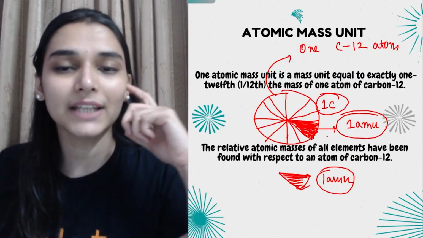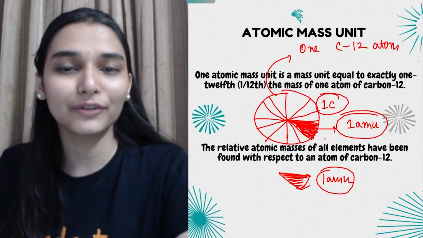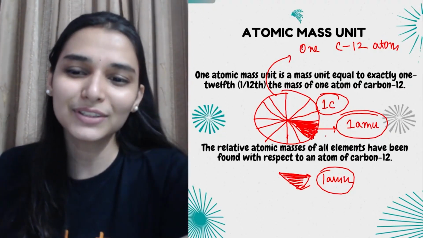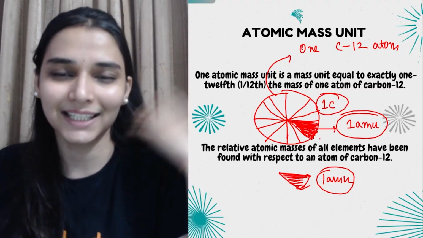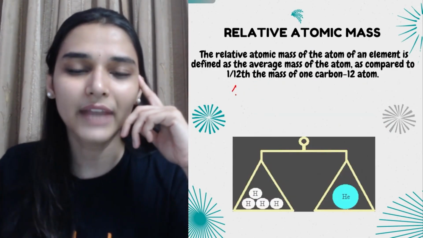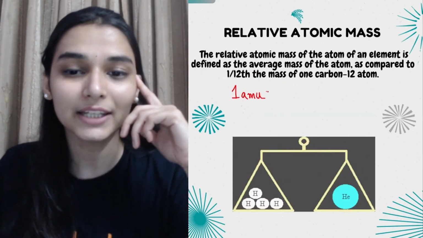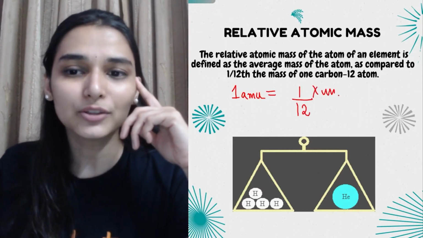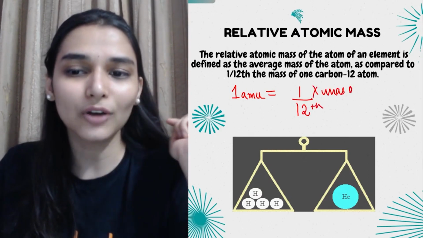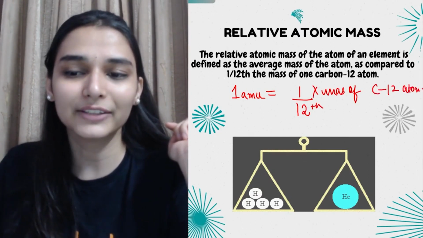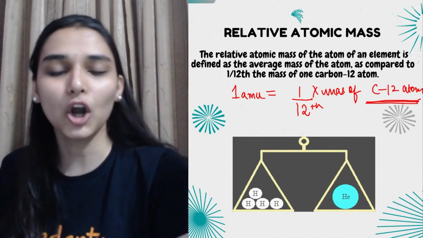When it was chosen as a standard, the atomic masses of all the other elements were found as whole numbers, and that was the basic criteria that we wanted. Okay, so you have to remember that it was assumed that this 1 atomic mass unit is equal to 1/12th of the mass of carbon 12 isotope, or you can say atom.